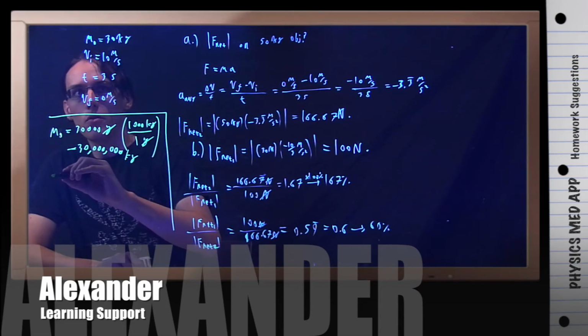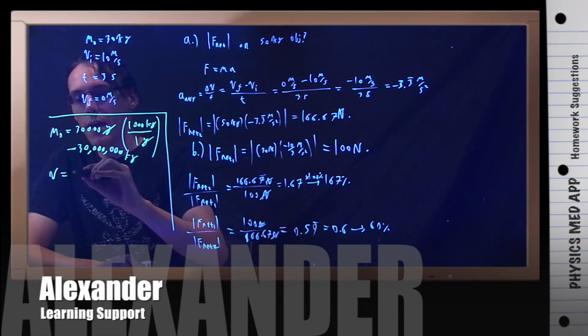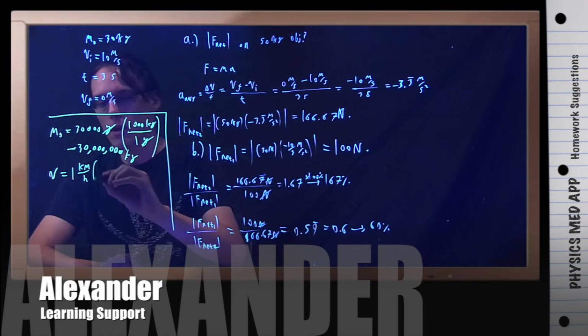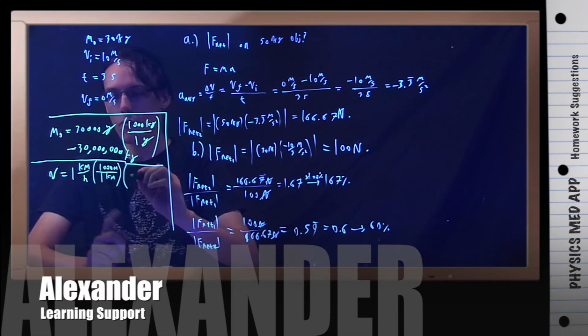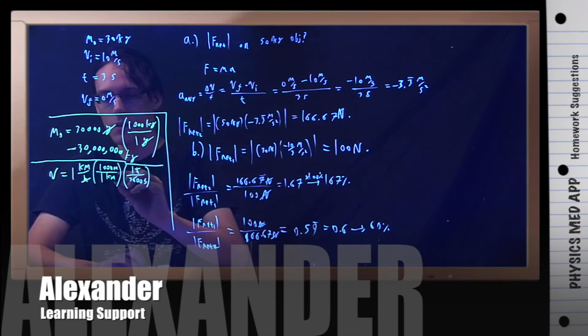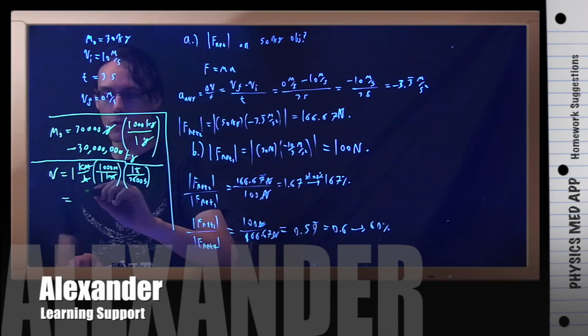Likewise, what if you were told not that your velocity was 10 meters per second, but let's say 1 kilometer per hour? Well, then you need to convert it to meters per second. So I would just say, well, 1 kilometer has 1,000 meters, and 1 hour has 3,600 seconds. Hours gone, kilometers gone. I now have meters per second, and I would just simplify that as much as possible.